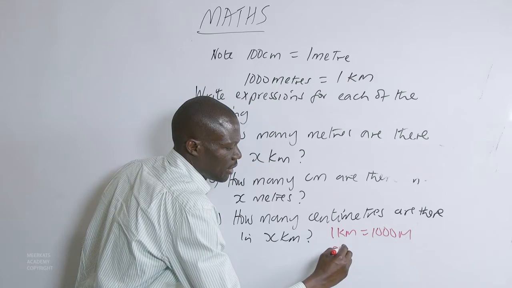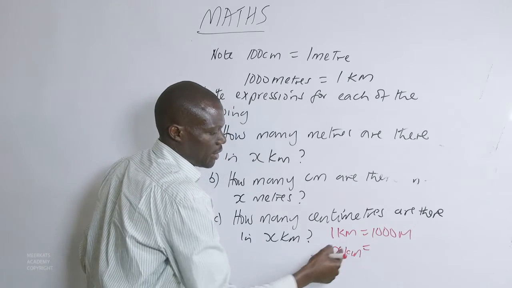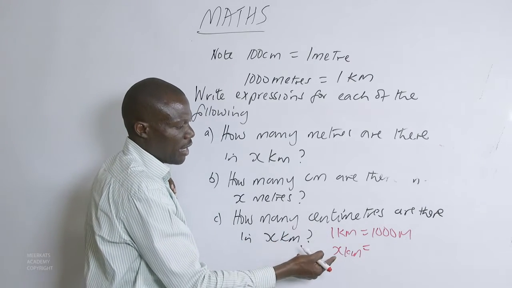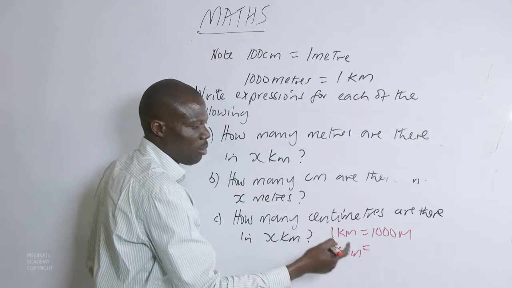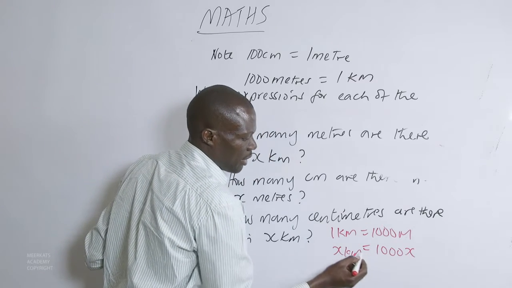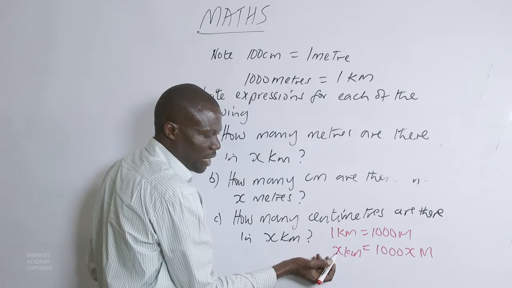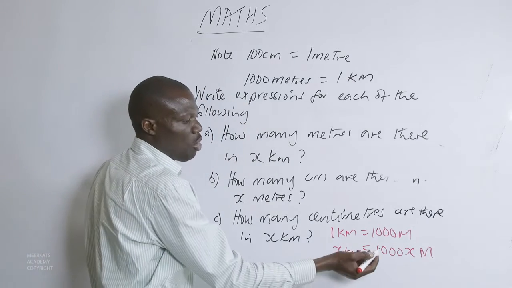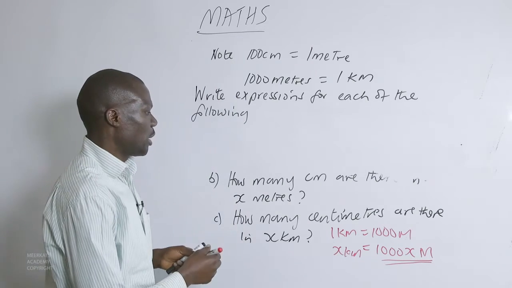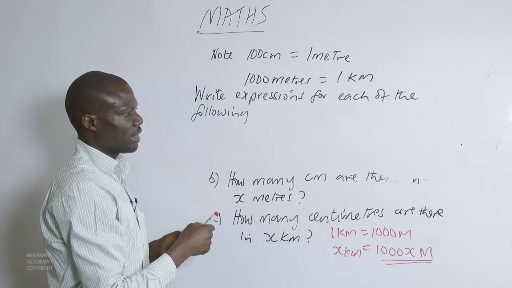How about X kilometers? This will be simply X multiplied by 1,000 divided by 1. It will give us 1,000X. And kilometer will cancel, we shall remain with meters. So we find that X kilometers is equivalent to 1,000X meters.